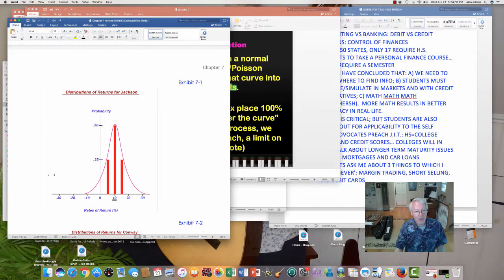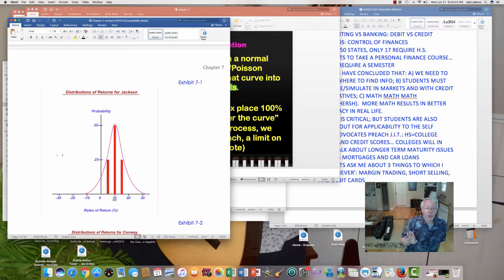sigma, okay? So I took our 3 possibilities for Jackson, 5%, 10%, and 15%, and gave them a representation of the 3 bars, which represent 25% probability and 50% probability. And you can see that they suggested a smooth bell-shaped curve. Now remember, we're not interested in 3 measurements.